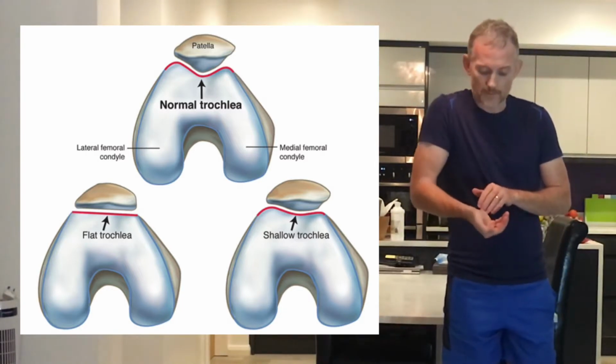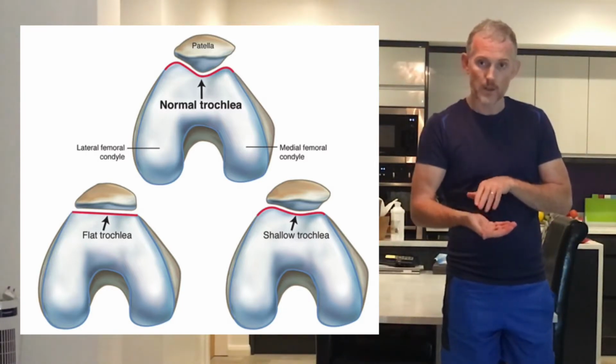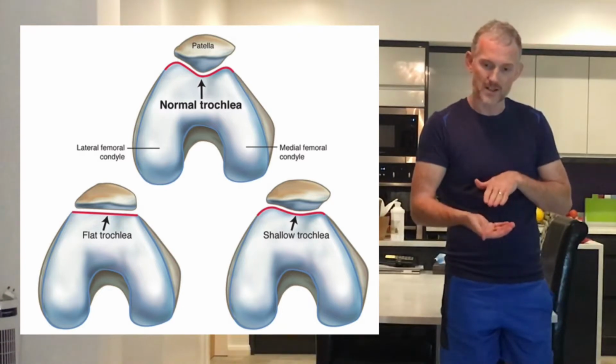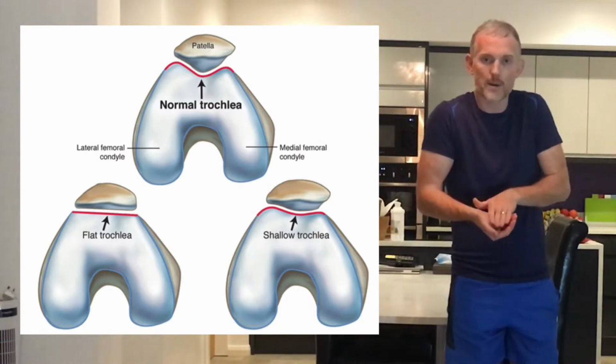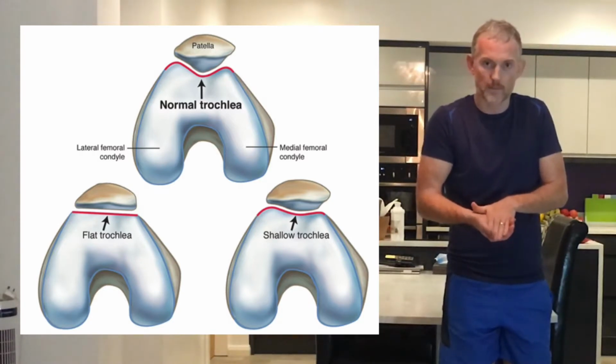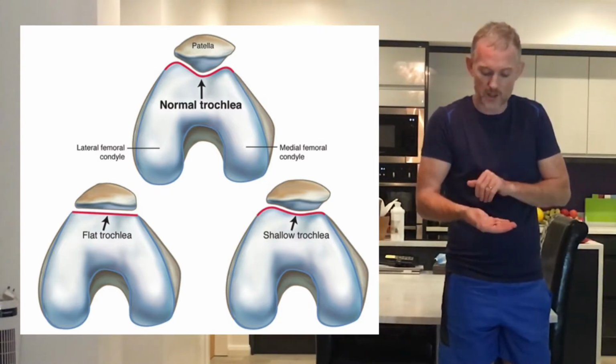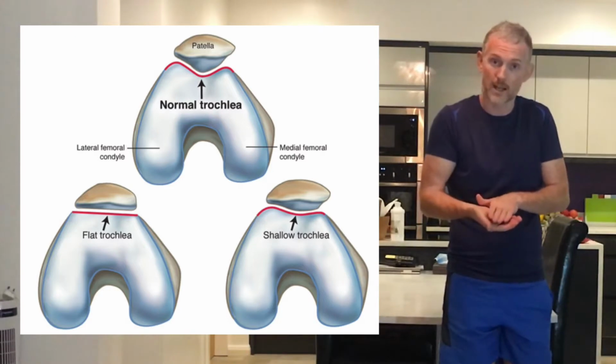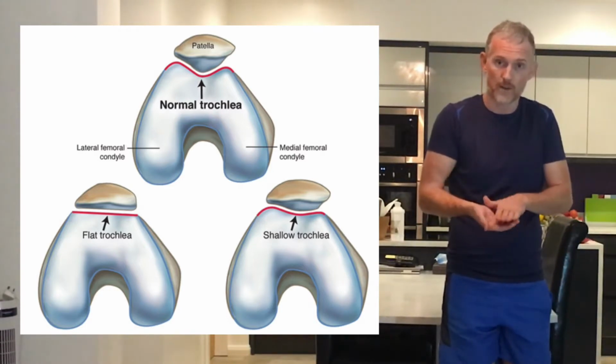It can be quite deep or quite shallow. If it's deeper, it grabs hold of the kneecap more efficiently, and it can get into that joint better. If it's shallower, there can be a tendency for it to deviate or move out of the sides of the joint.